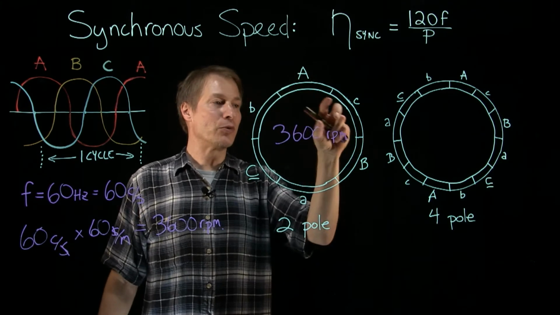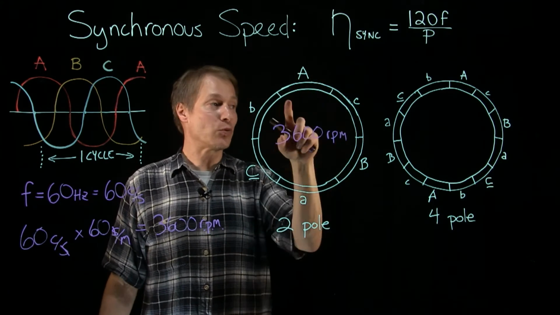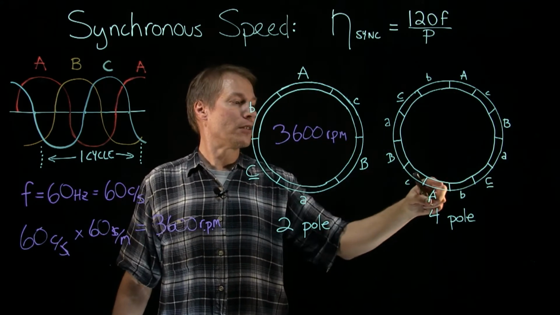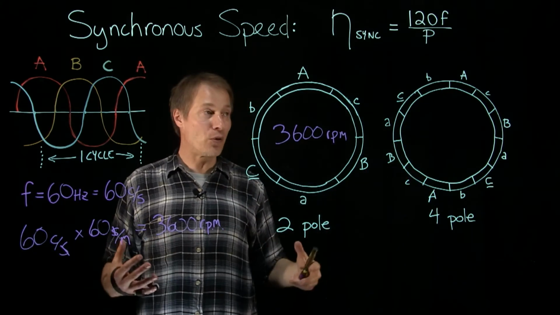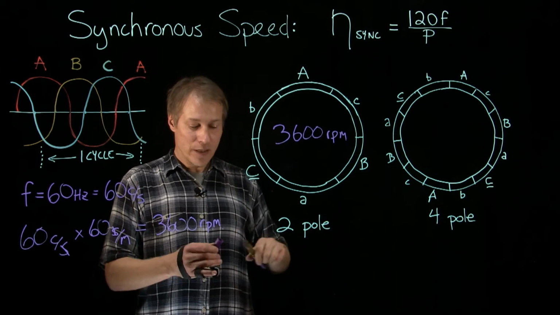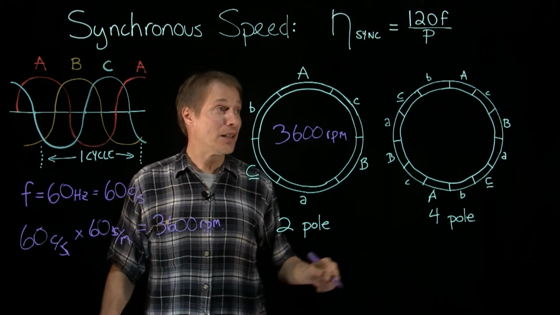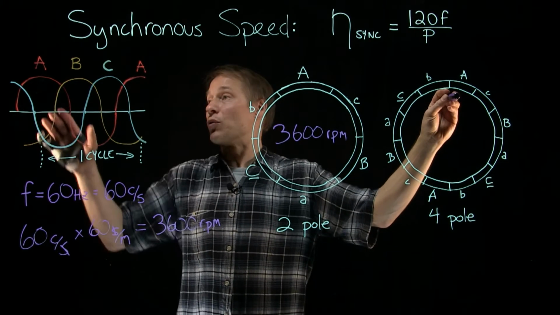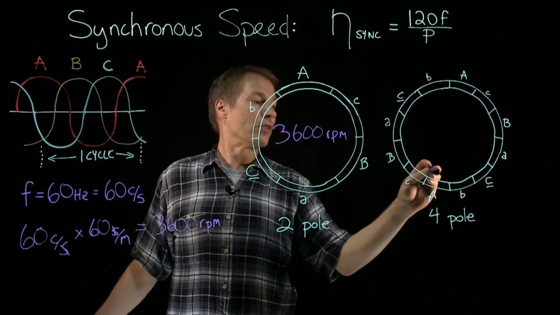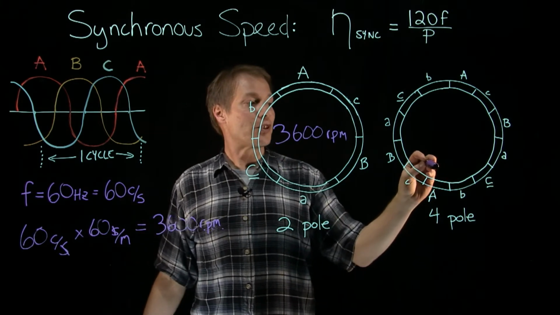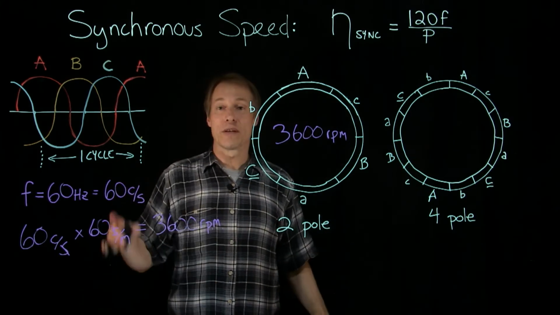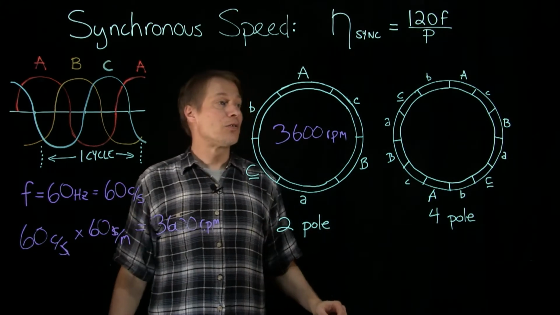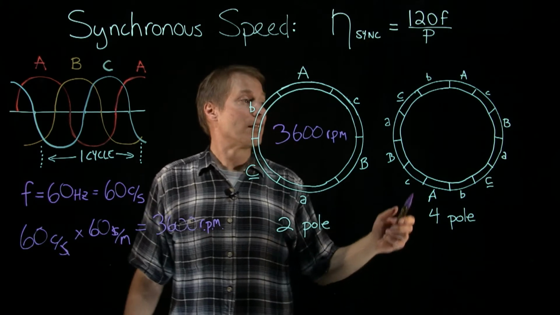Now when we go to a 4-pole motor, if you notice the 2-pole motor, we've been working on this quite a bit, it has 6 windings. Well, those 6 windings are half of the motor, and then we add another 6 windings to give us 4 poles. So when we're looking at speed, if we start at the A and we go one full cycle, it's only going to go to this A. So it's going to actually take 2 cycles to do a full revolution. So a couple ways we can look at this.